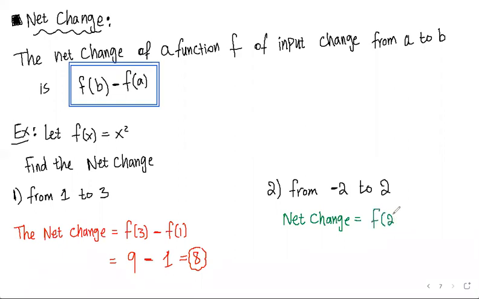Yes, f of 2 minus f of -2. That would be 4 minus 4, which gives me 0. So the net change is 0. Any questions so far? Okay.